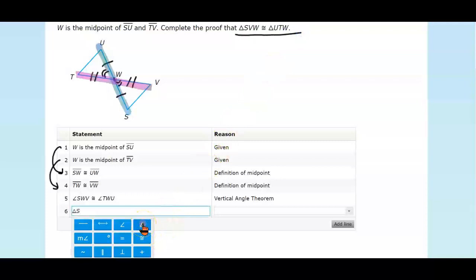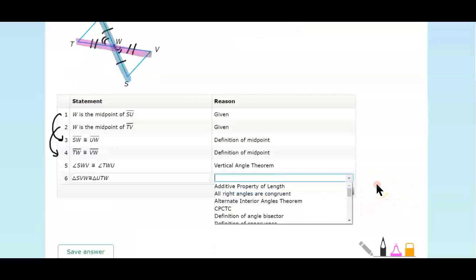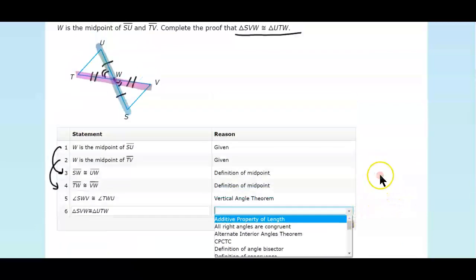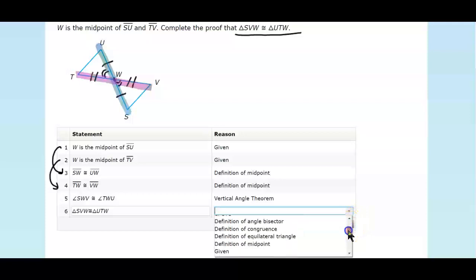Can we just copy and paste that? I think you can try, but I think we have to type it. Oh, nice. It does need to be exactly that, not some other rearrangement of the triangles. Paste. And which triangle congruence postulate proves these triangles congruent?